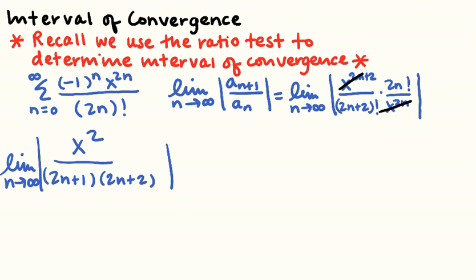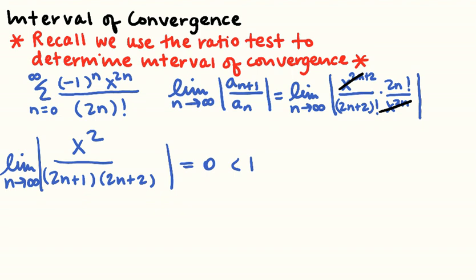Okay, so this is equal to 0, which is less than 1. What is the conclusion that we're supposed to make when we do the ratio test and the limit comes back less than 1? It converges absolutely. Okay, and it seems like it is converging absolutely and doesn't care what value of x you're using.